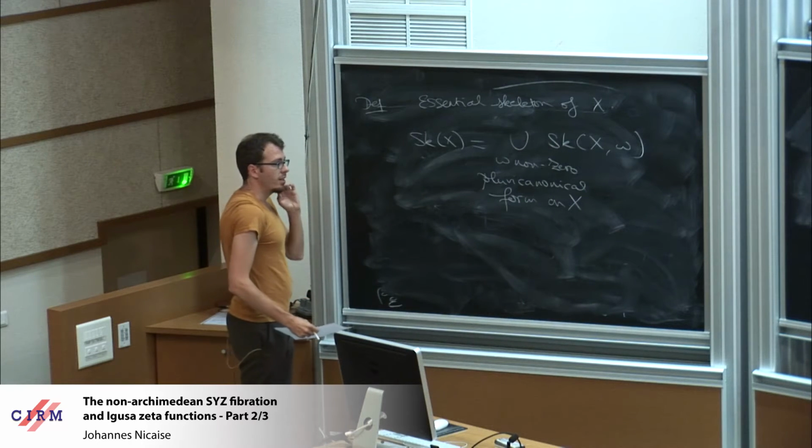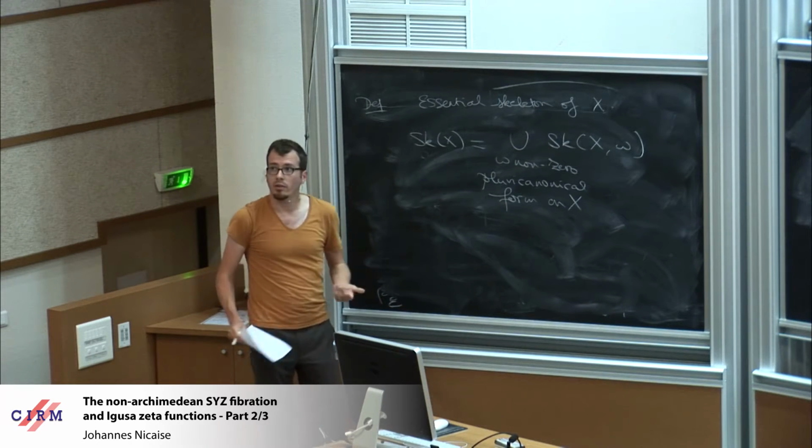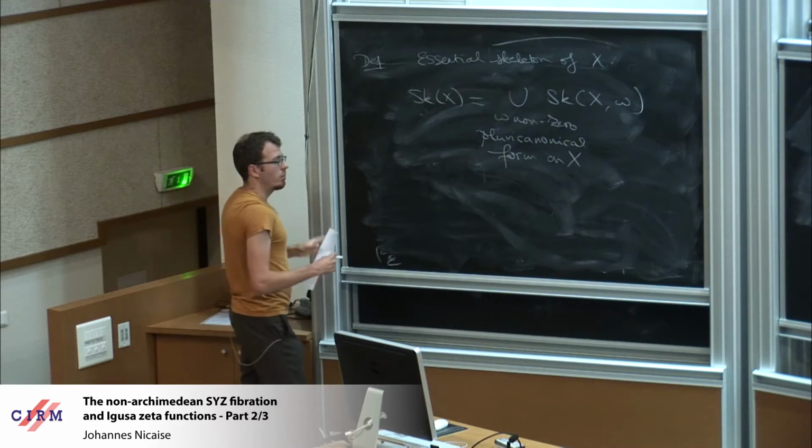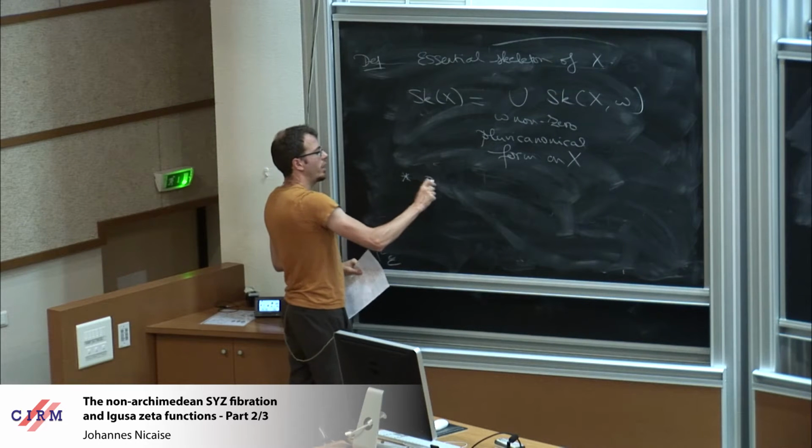And the idea is that this guy should be some kind of canonical skeleton living inside the Berkovich space. Yeah, so, well, first observation is, of course, that it only depends on X.